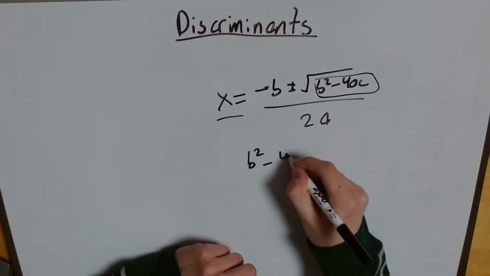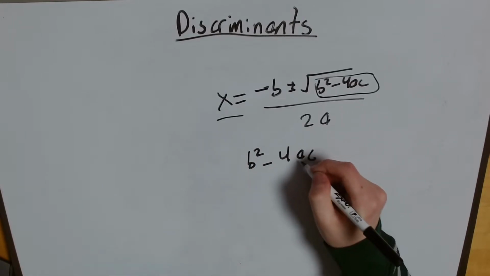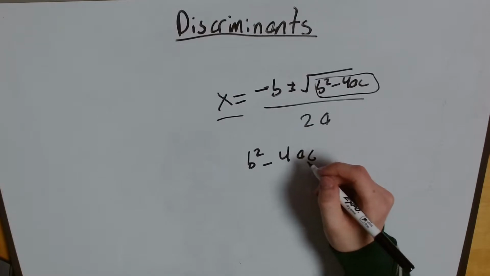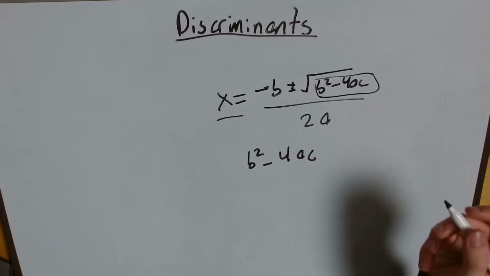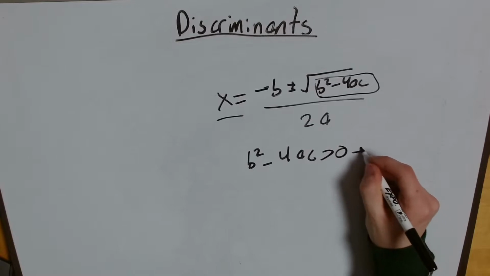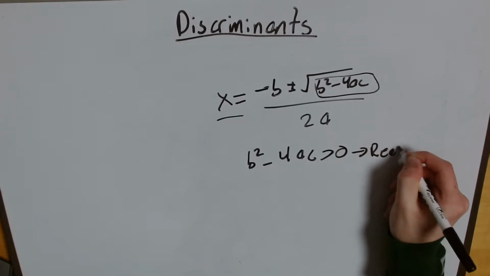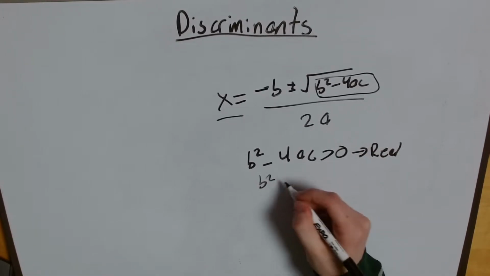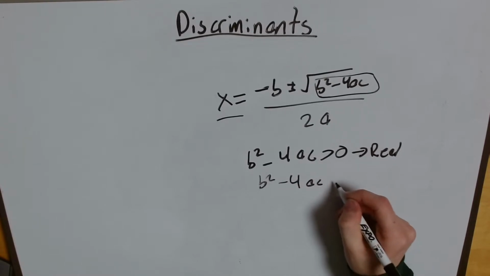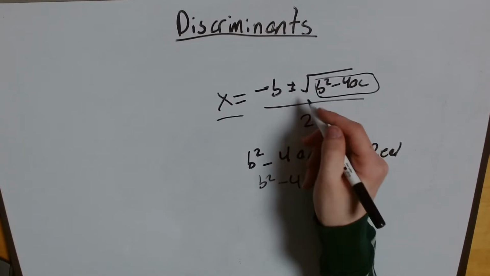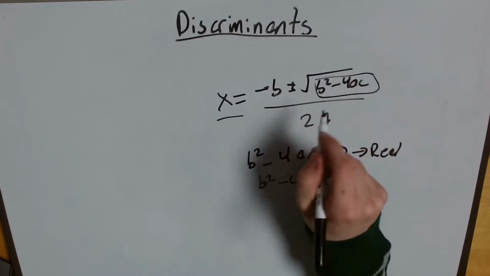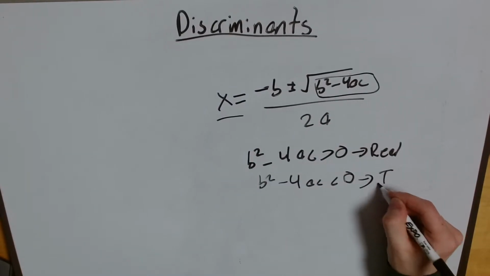So if b squared minus 4ac is greater than 0, we're real. We have real solutions. If b squared minus 4ac is less than 0, well, then the square root is going to be negative, so this is imaginary.